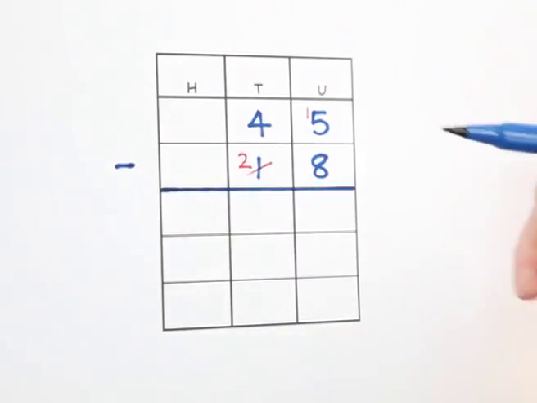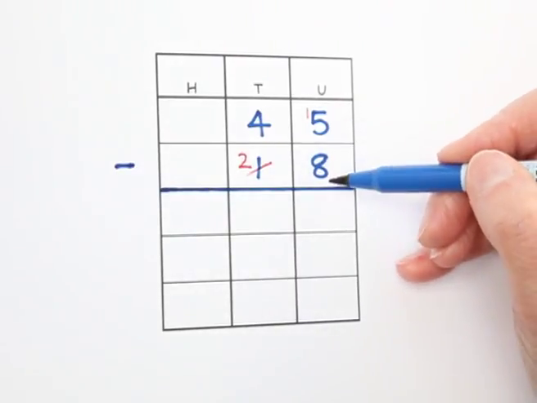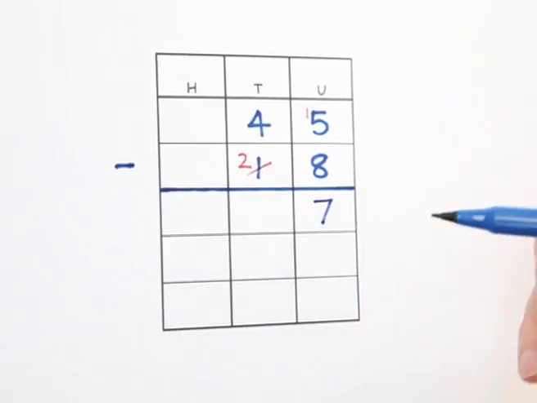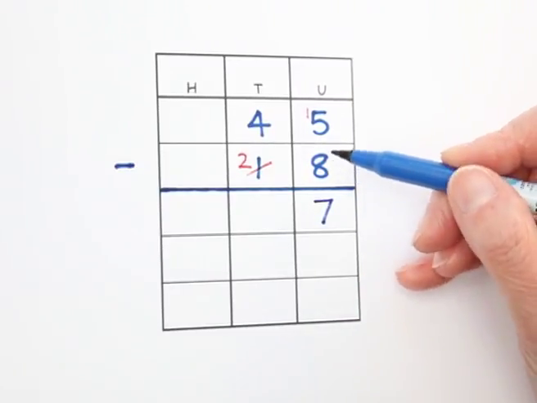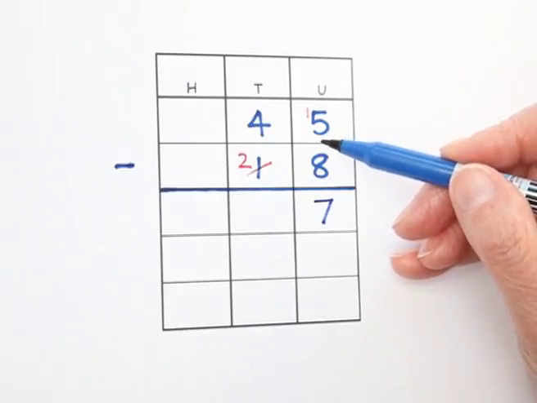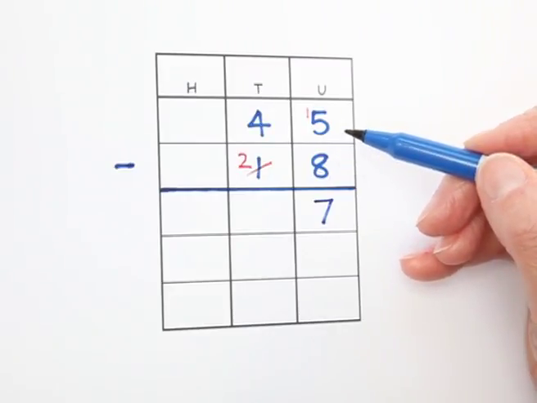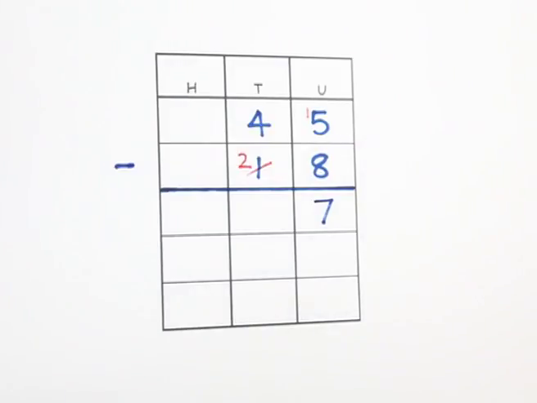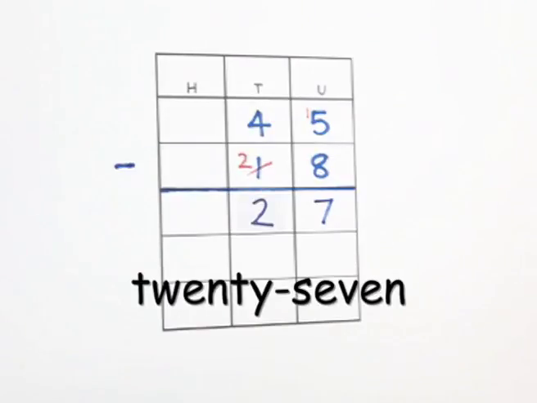Now you can say 15 take away 8 is 7. Or you can say 8 from 10 is 2, add 5, which makes 7. Then you do the tens column, 4 take away 2 is 2. So the answer is 27.